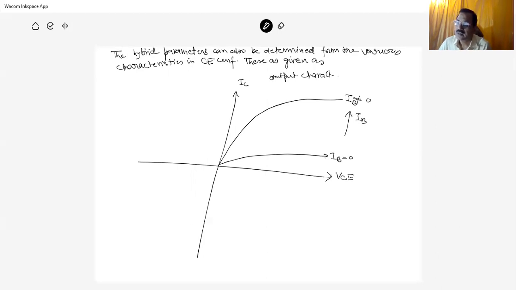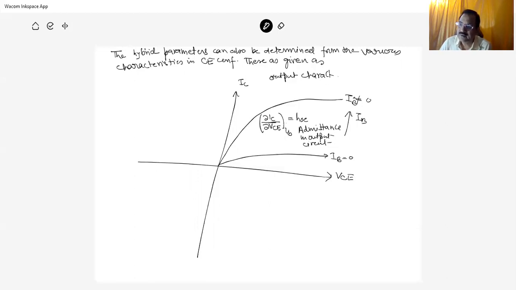Now delta IC upon delta VCE at constant IB is HOE, that is admittance in output circuit.